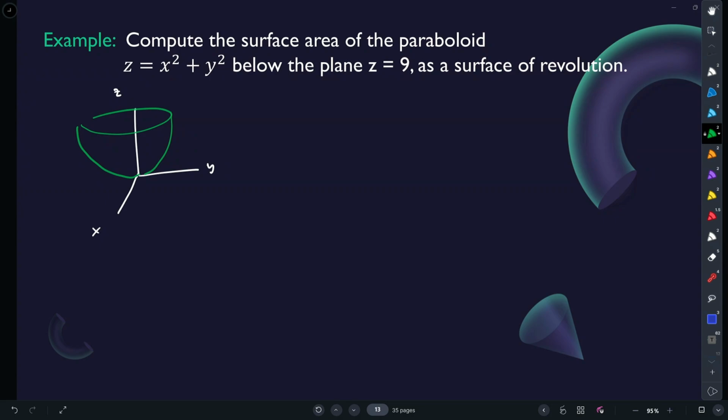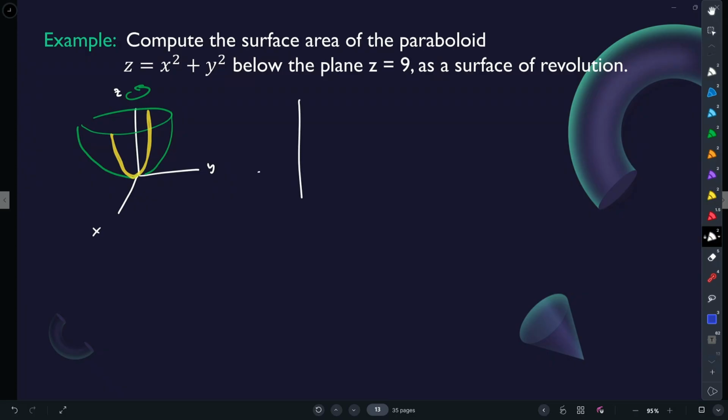But I want to reinterpret it as a surface of revolution. What is happening here is that I am rotating about the z-axis this function, for example, from here to here. If you just take that one function and rotate it, then I get a surface of revolution. So I can interpret it that way.